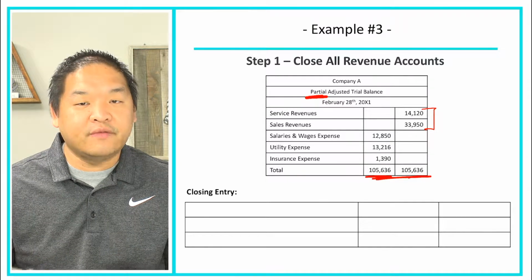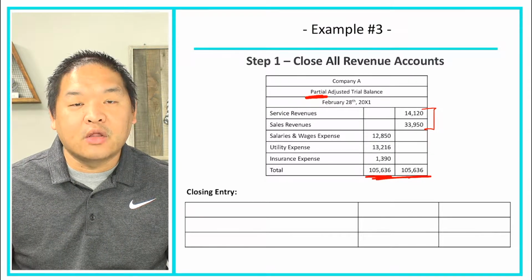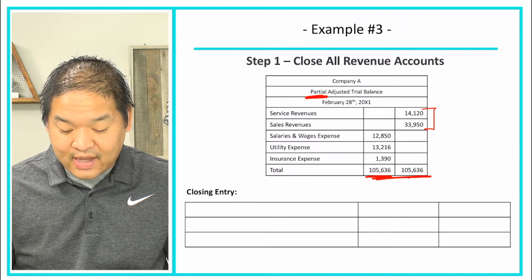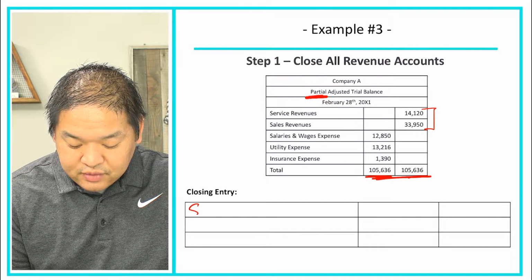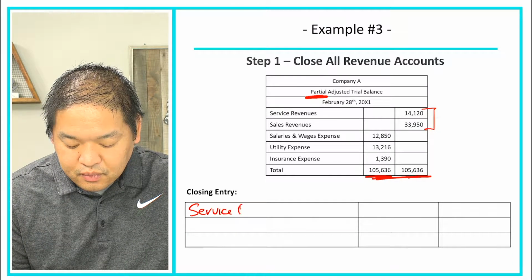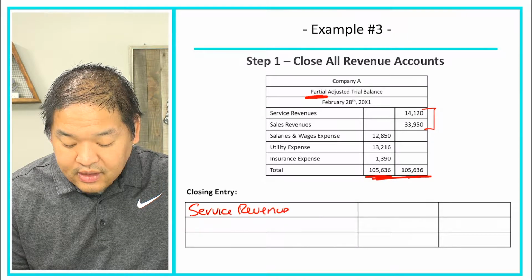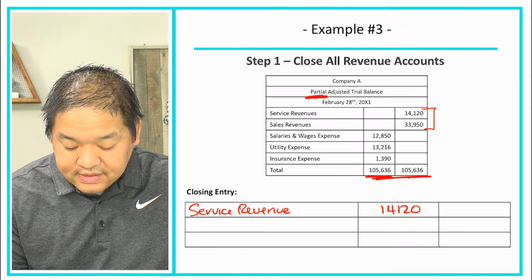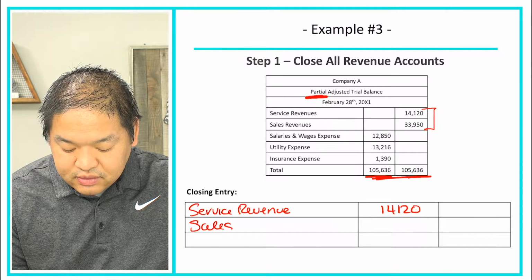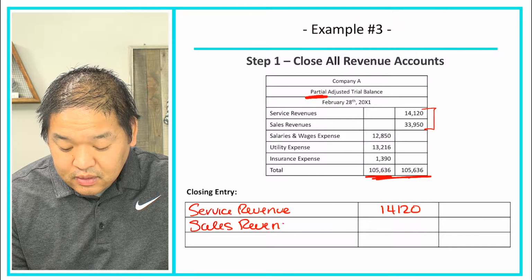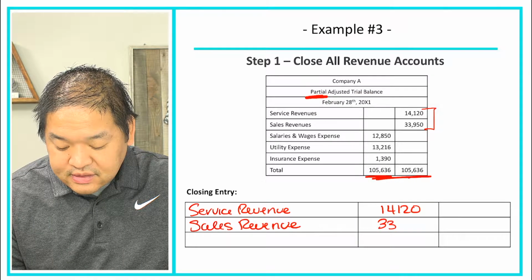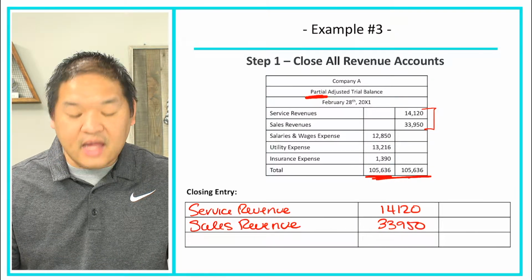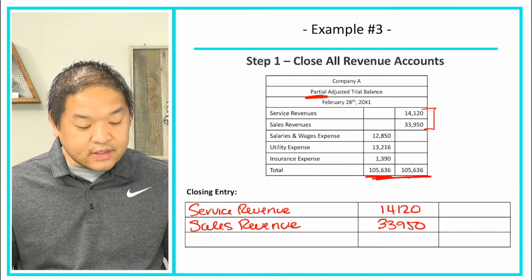So in order to zero them out and close them, we're going to debit the accounts. I'm going to debit service revenue in the amount of $14,120, and then debit sales revenue of $33,950, and then we're going to credit the offsetting. What's the offset?